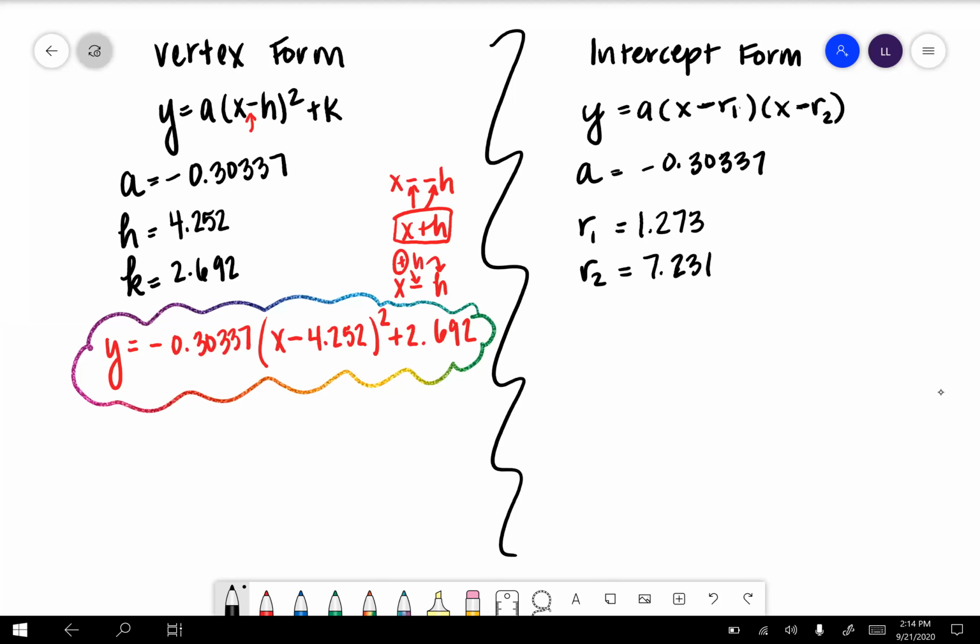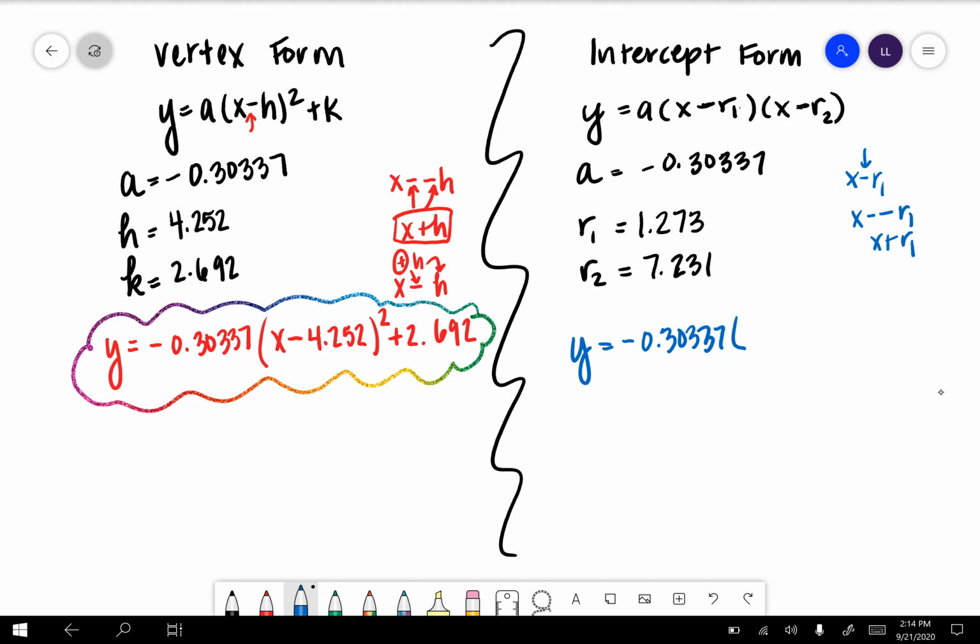All right. So now that I have my x-intercepts, my roots, I can go ahead and write the equation. So I'm going to write it in blue. All right. So y is equal to negative 0.30337, open parenthesis, this is positive. Therefore, when I plug this in, this expression, x minus r sub 1, is going to remain with a minus there. Again, if this was negative, it would give me x minus minus r sub 1, which would change that to x plus r sub 1.